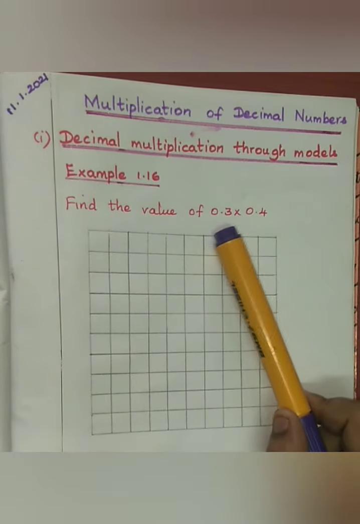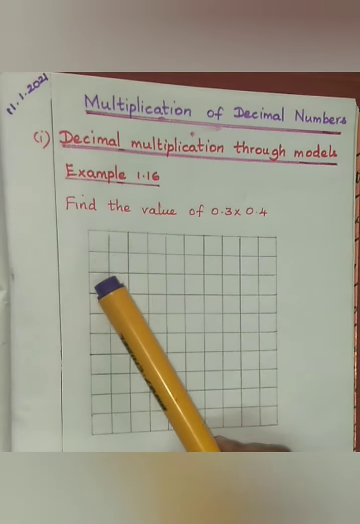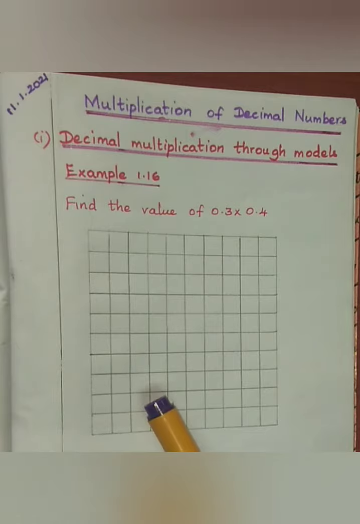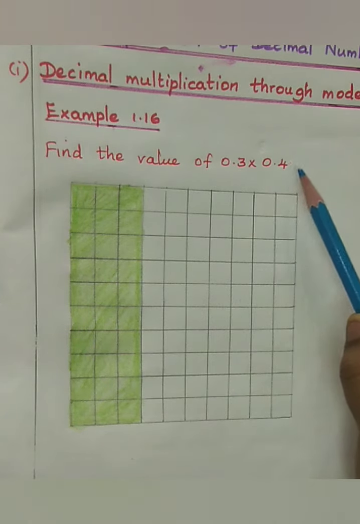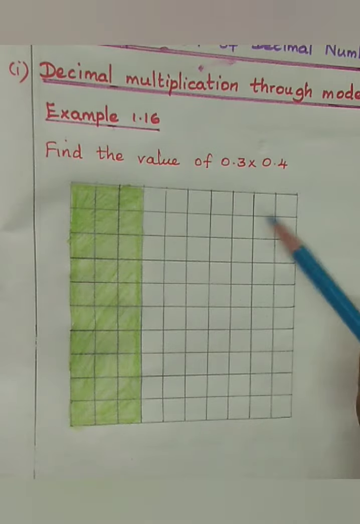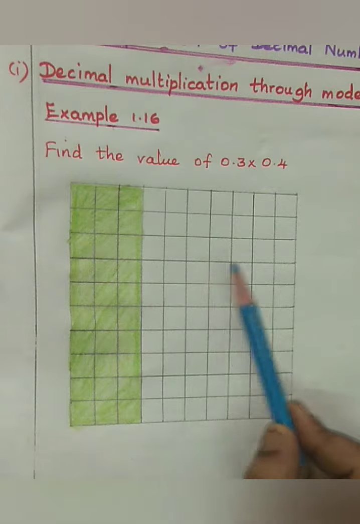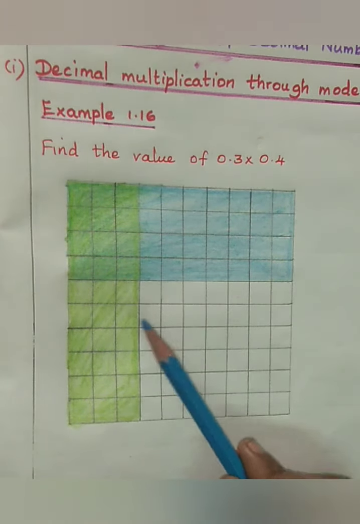Here the first decimal number is 0.3. So I am going to shade 3 columns in green color. Since the second decimal number is 0.4, I am going to shade 4 columns horizontally in blue.